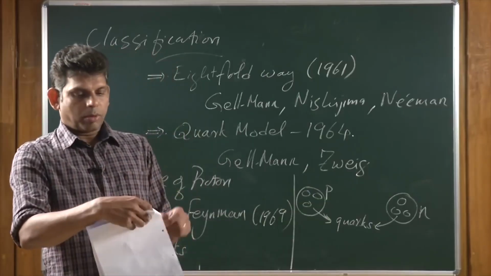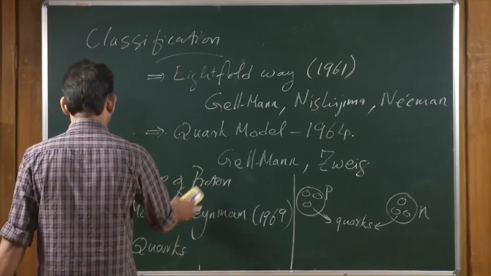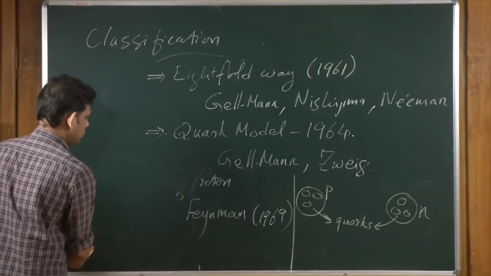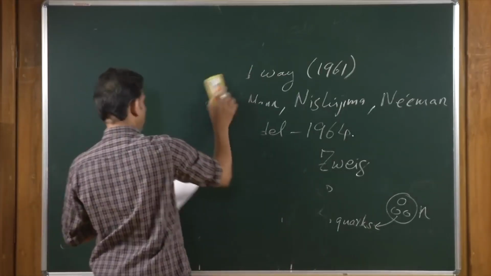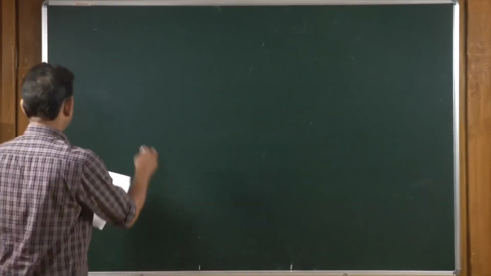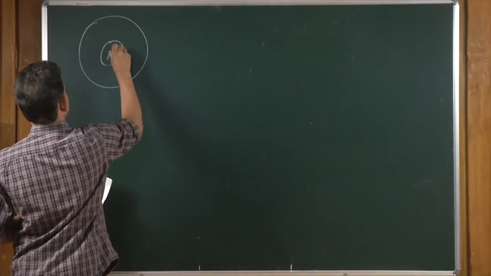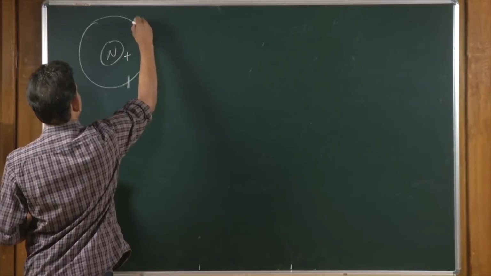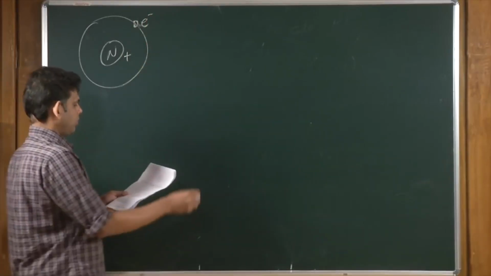We will come to the properties of that later. Now look at the summary of the situation. Summarizing, we have the modern picture of the atom. We have the nucleus, positively charged, and negatively charged electrons moving around it.